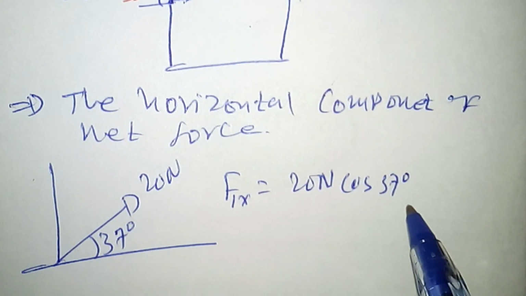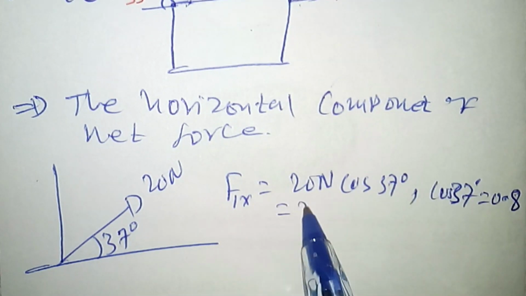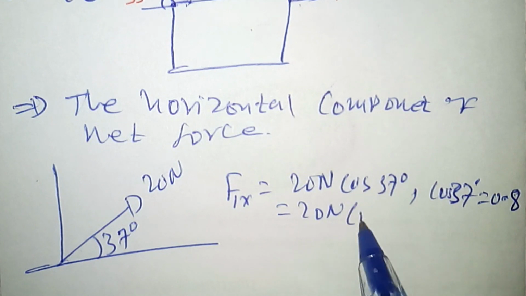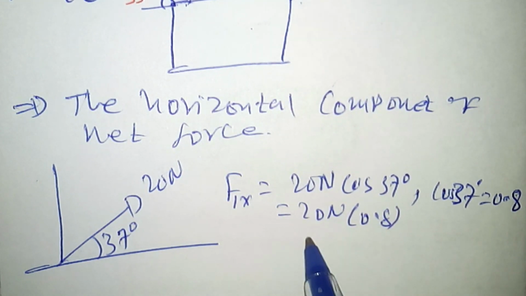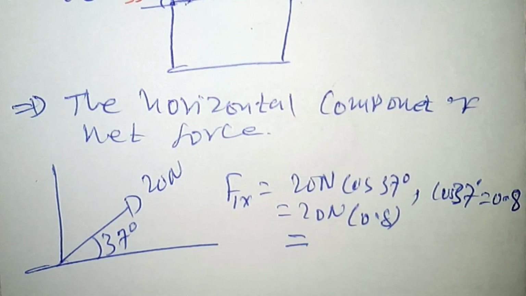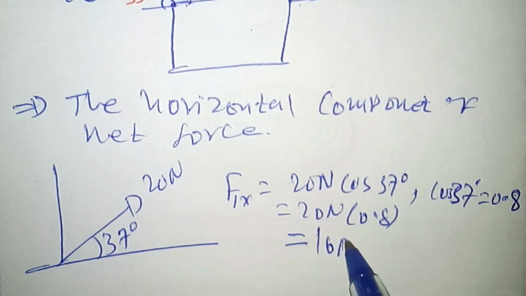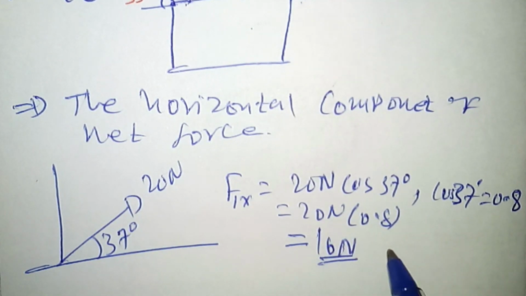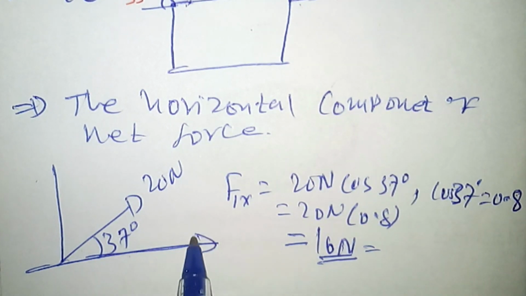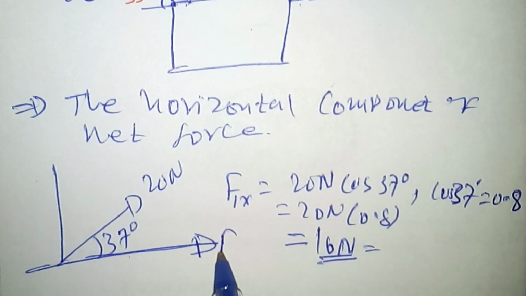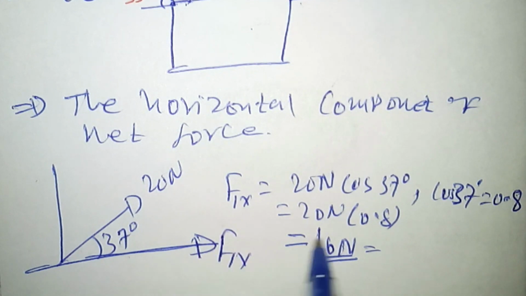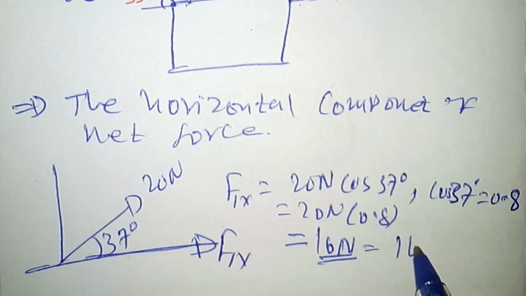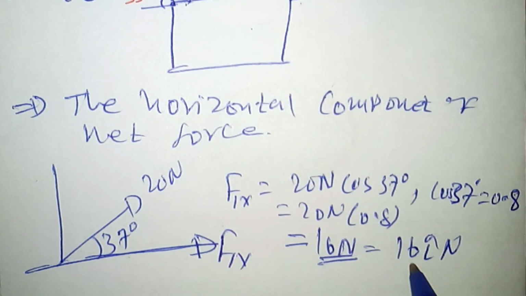Cos of 37 is 0.8. So this is 20 Newton times 0.8, which gives 16 Newton. This is along the positive x-axis, so F1x is along this direction, so I can say 16 i Newton.